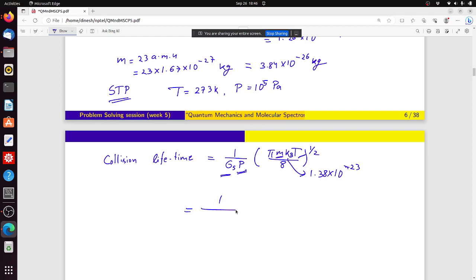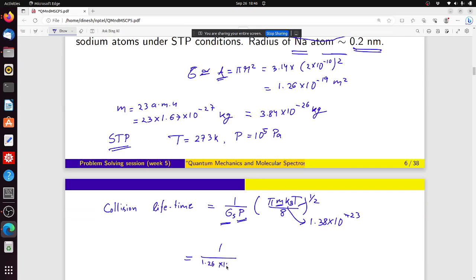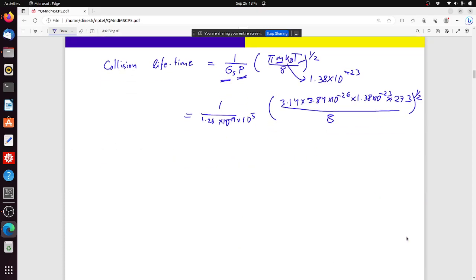If you put all these values, with temperature given in Kelvin as 273, and use a calculator, you will get this to be 6 into 10 to the power minus 10 seconds.